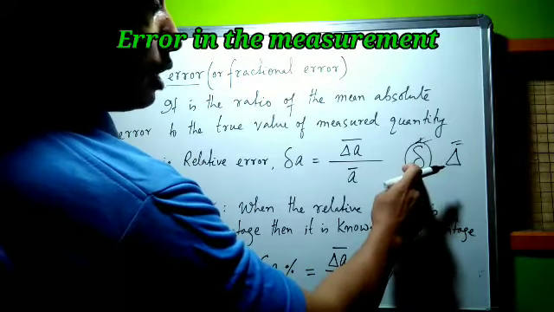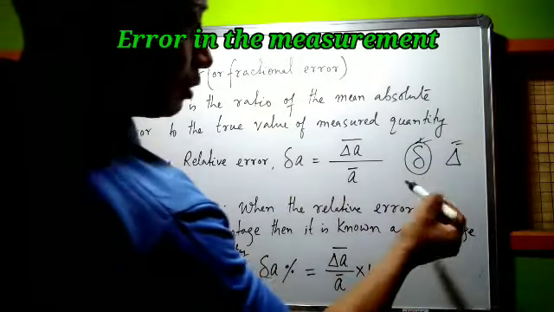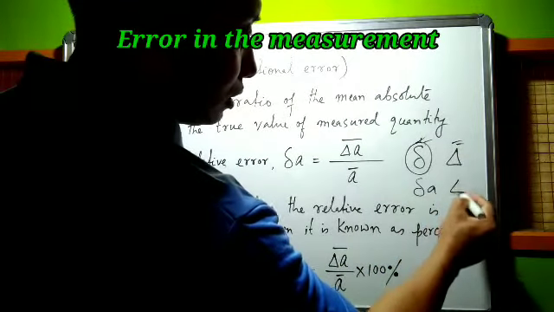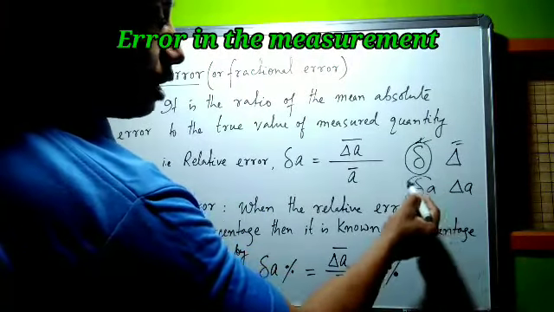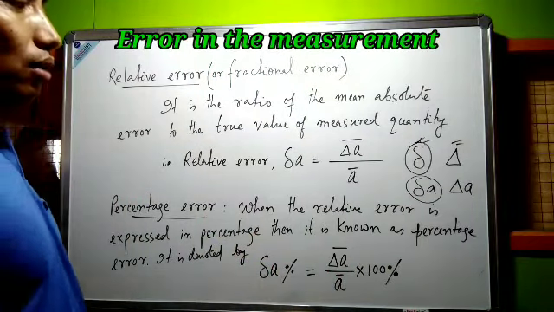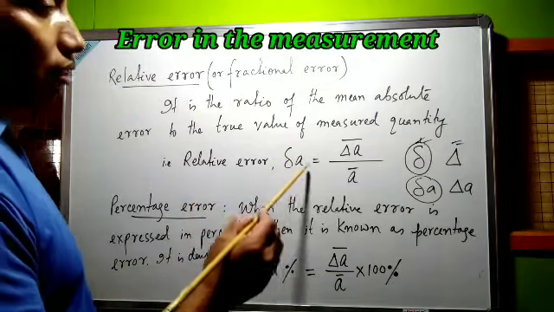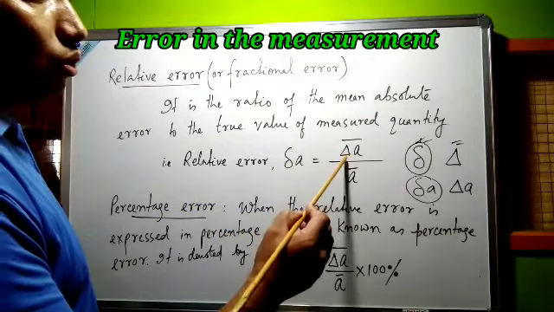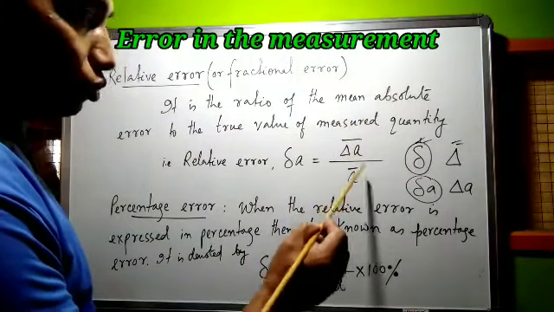The relative error is represented by the symbol delta a, and this will be equal to the mean value of absolute error divided by the true value.